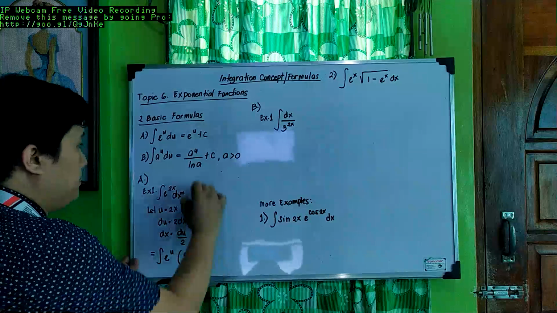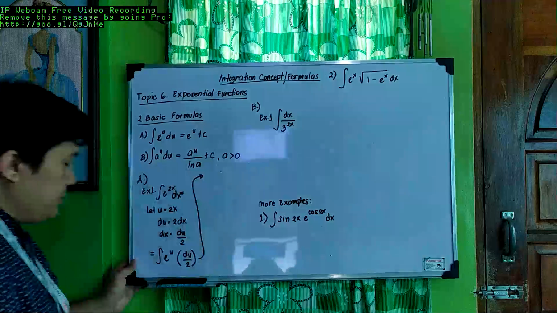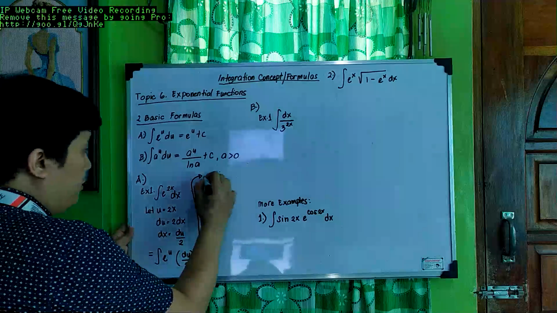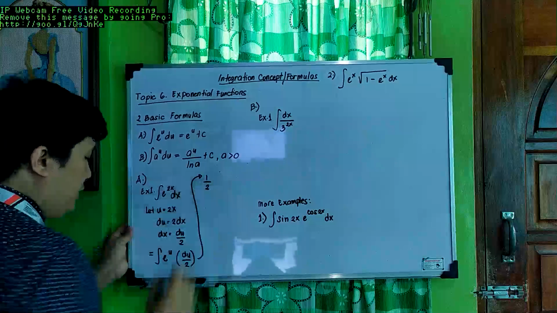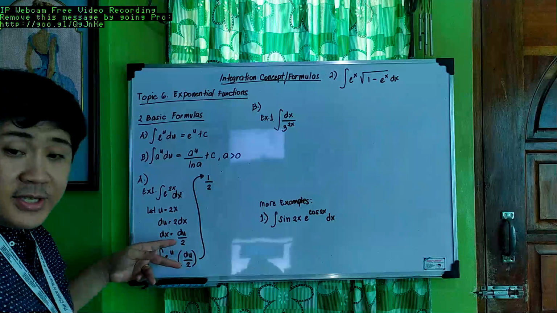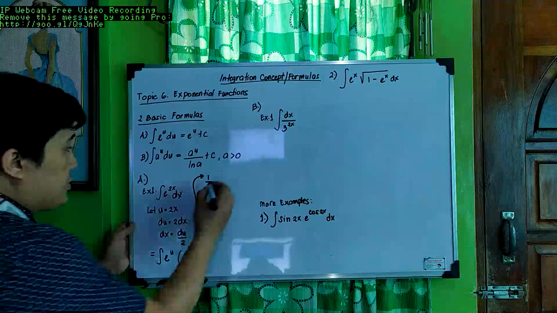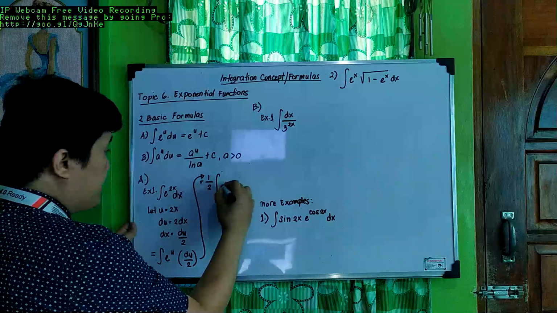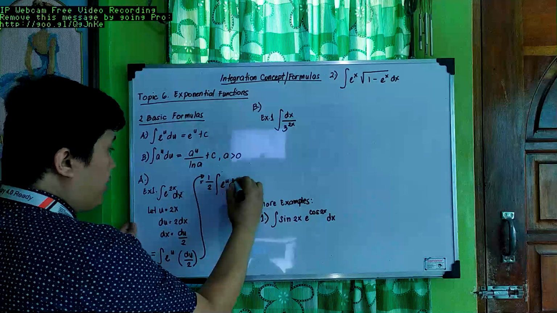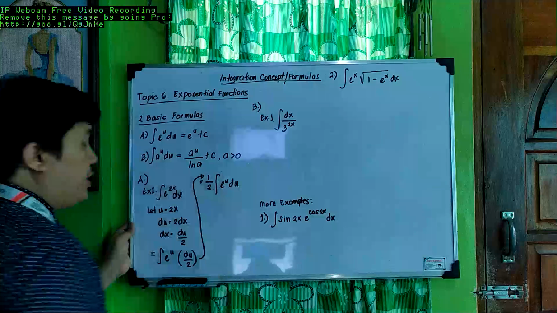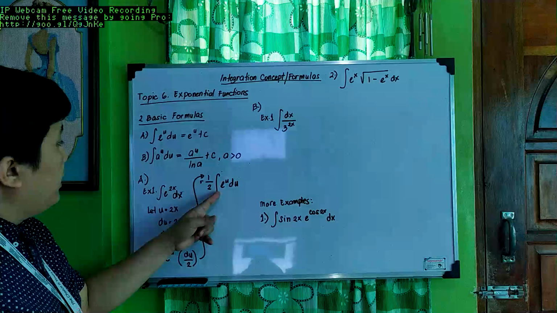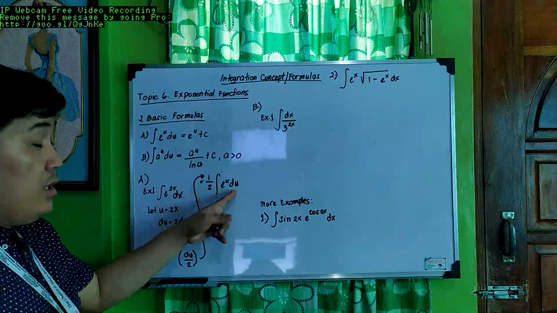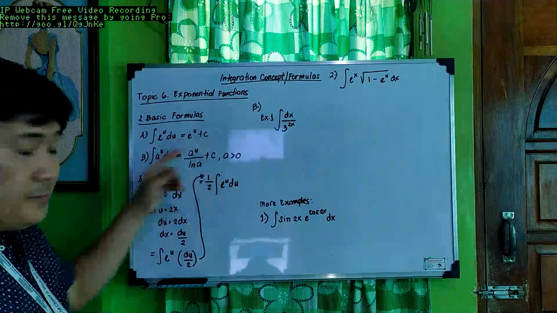So from there, we will move the constant values outside your integral sign. What remains inside your integral sign is e raised to the power u times du. And we know that the integral of e^u du is equal to e^u plus c.